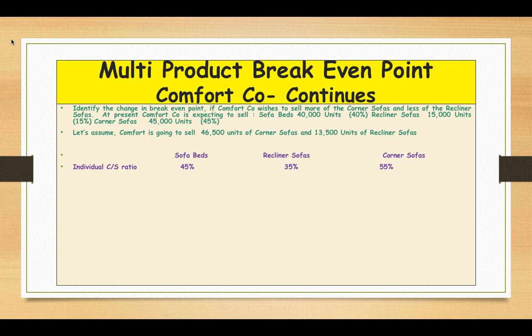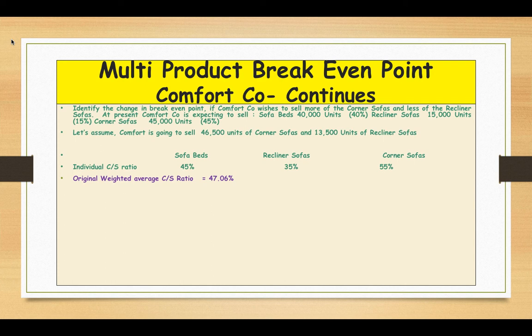If you look at the individual contribution to sales ratios we have calculated before, the corner sofa is 55%, the recliner sofas 35%, and the sofa beds 45%. We have also calculated the original weighted average contribution to sales ratio, that is 47.06%.